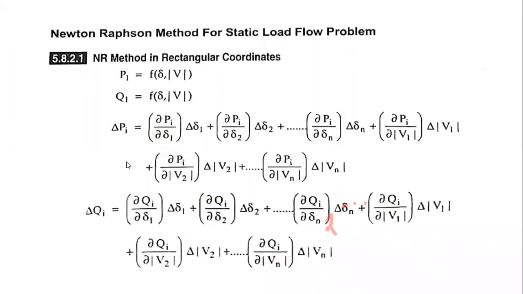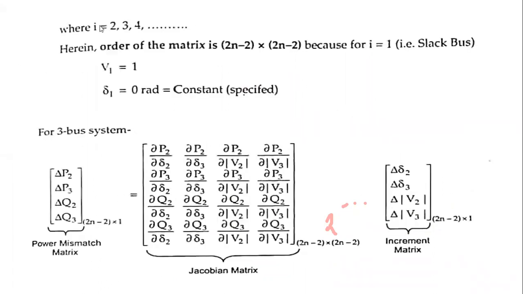Okay, these are the equations for delta Pi and delta Qi, where i is equal to 2, 3, 4 and so on. Here the order of the matrix is 2n minus 2 into 2n minus 2, because for i is equal to 1, that is the slack bus. Therefore V1 is equal to 1 and delta 1 equal to 0.